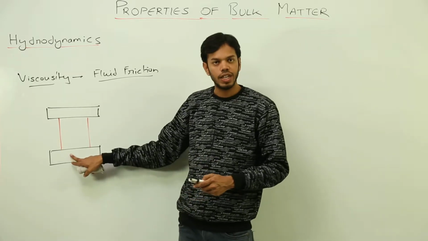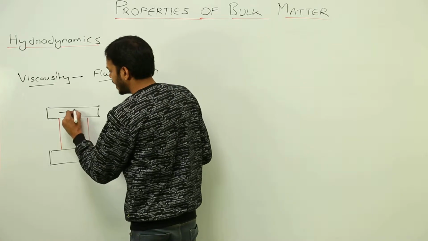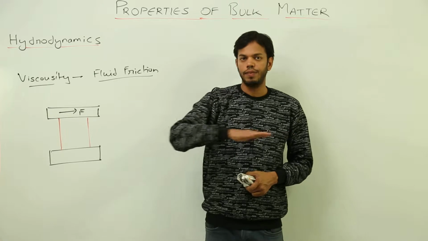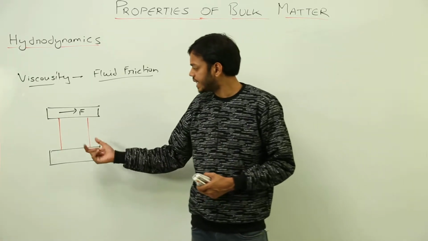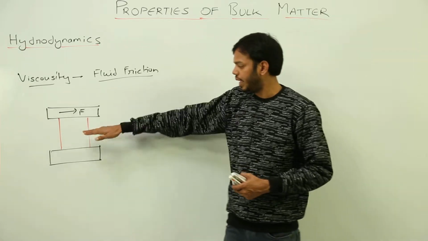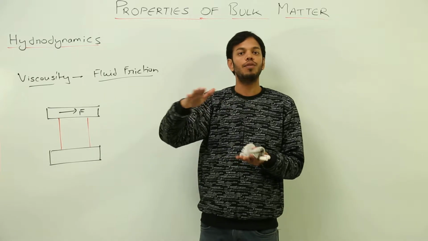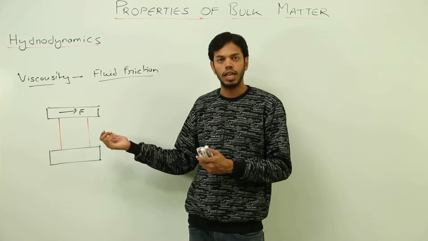The lower slab is fixed, so I can apply a force on the upper glass slab, and it can reach some velocity. I can move it with some velocity if the lower glass is fixed. But as I just said, if the oil is replaced by honey, the relative motion between the two glass slabs won't be possible, or I won't be able to reach that velocity as I reached in the case of oil.